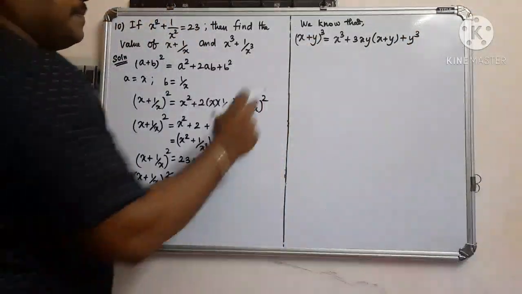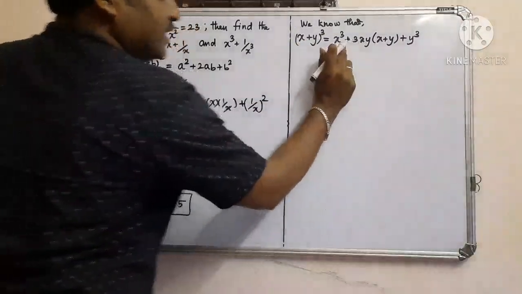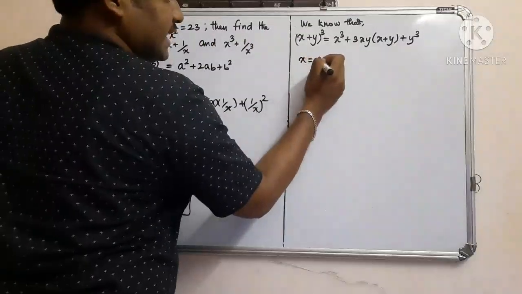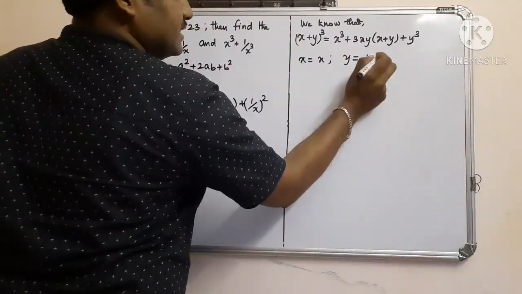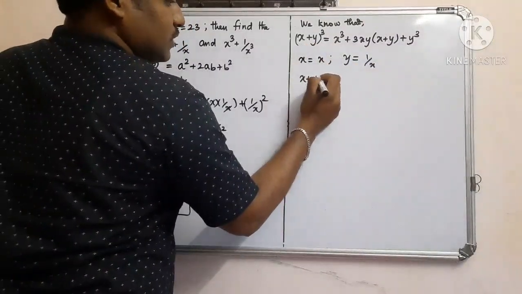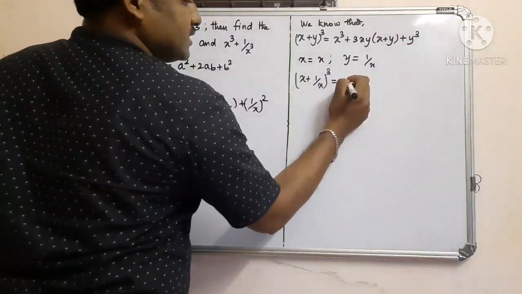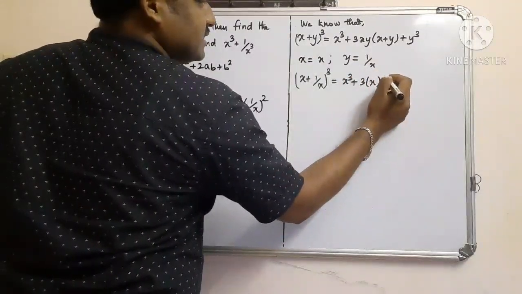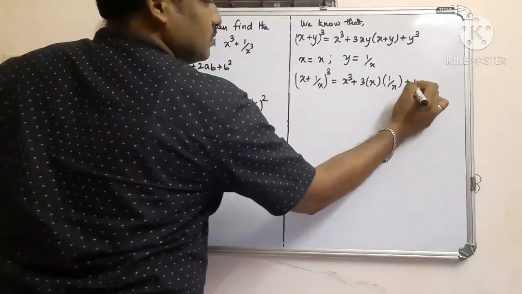So instead of x, y, we can substitute. We have to find out the value of x cube plus 1 by x cube. Instead of x, you should substitute x. Instead of y, you should substitute 1 by x. So (x plus 1 by x) the whole cube is equal to x cube plus 3 into x into 1 by x into (x plus 1 by x) plus y cube.